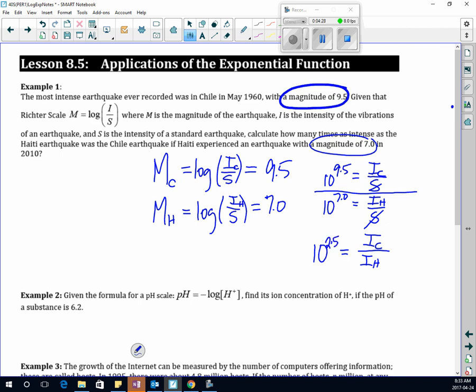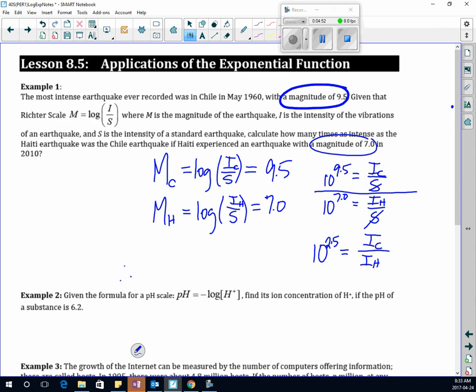You could leave it like that, but honestly in a word problem that doesn't mean too much. So if we change that into an actual number, we can see how much more intense it was. 10 to the power 2.5 is approximately 316 times greater. So then we would write a sentence.